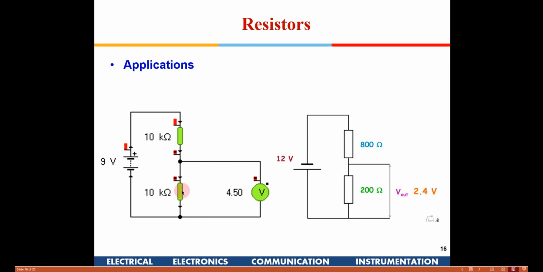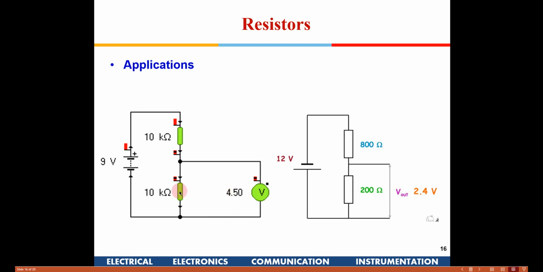Now the problem with using large resistance is this: suppose I am using 1 mega ohm and 1 mega ohm, getting 4.5 volts, and my load resistor is say 100 mega ohms. When I connect the load, the 1 mega ohm and 100 mega ohm come in parallel, but then that 1 mega ohm becomes say 0.99 mega ohm, so it won't make any difference. But suppose I connect a 100 ohm load.